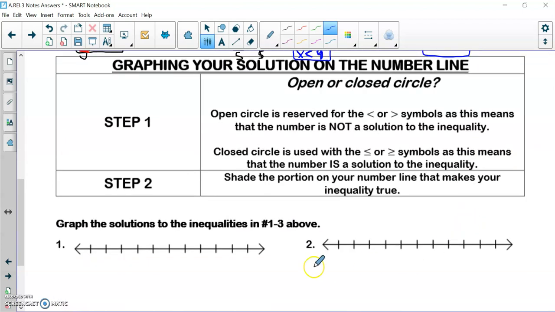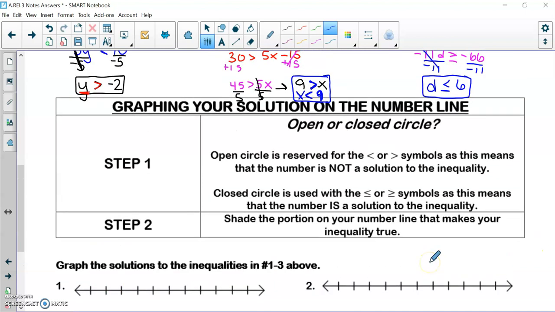So step 1, after we fill out the numbers on our number line, we need to determine: should we have an open or a closed circle on the number that's involved in our inequality? We use an open circle when we use a less than or greater than symbol.